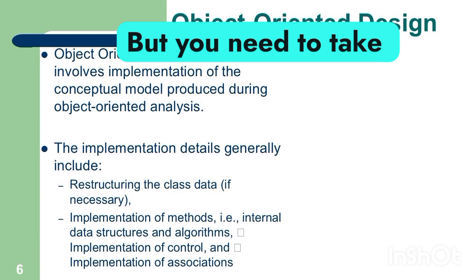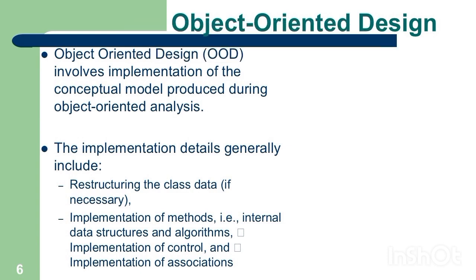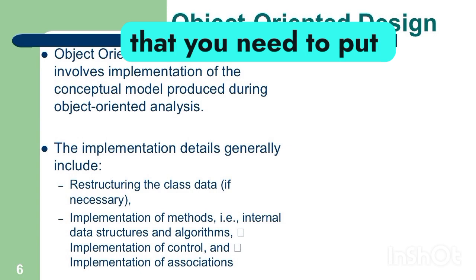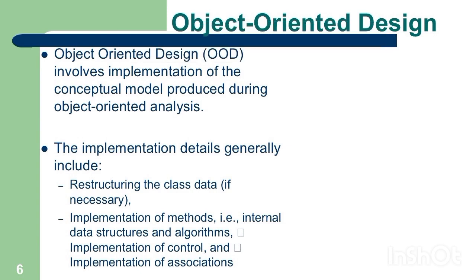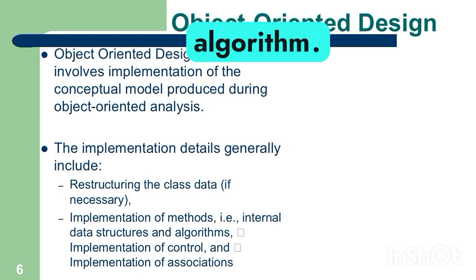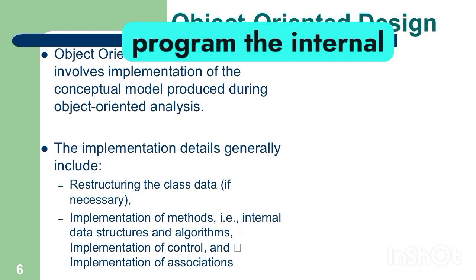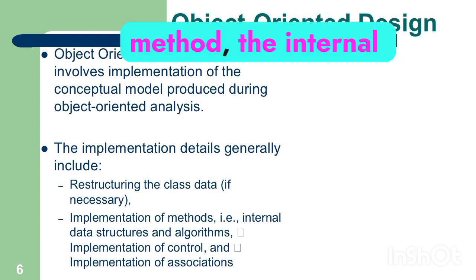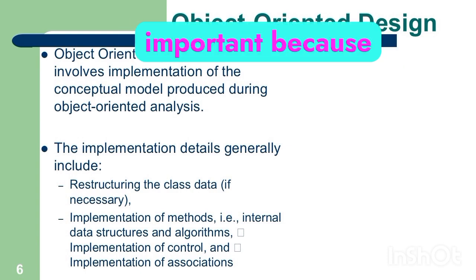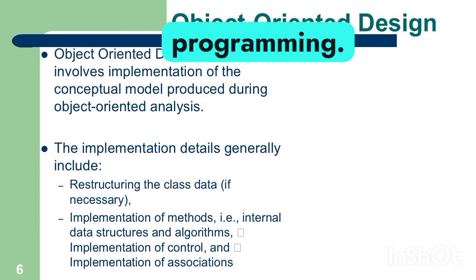But you need to take the implementation method, which is the second implementation detail that you need to put into consideration. That is, you are going to look at the internal data structure and algorithm. Whenever you are trying to program, the internal structure is always important because that is where everything is taking place in the programming.